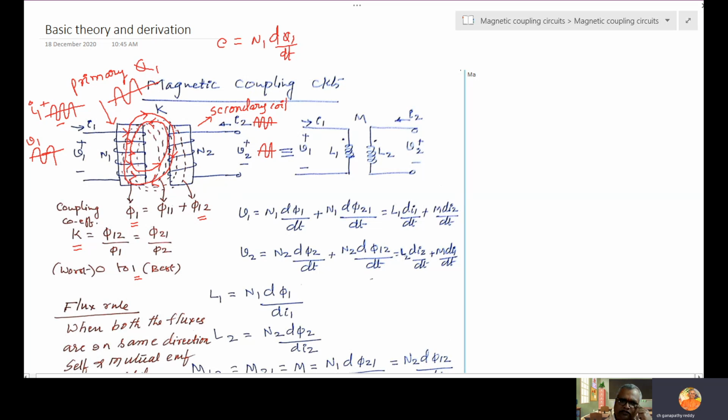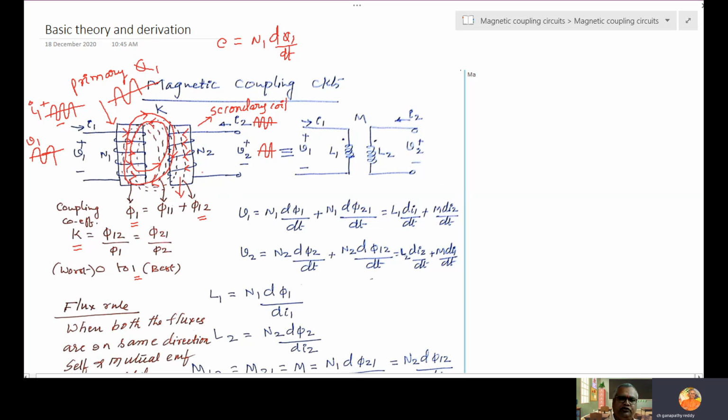Then the flux generated here is phi2, the total flux induced. If I2 is positive, this is the current direction, then the thumb will be downward and the flux will go clockwise, as long as I2 is positive. When I2 is negative, the flux direction will again be reversed. So the total flux induced here is phi2.